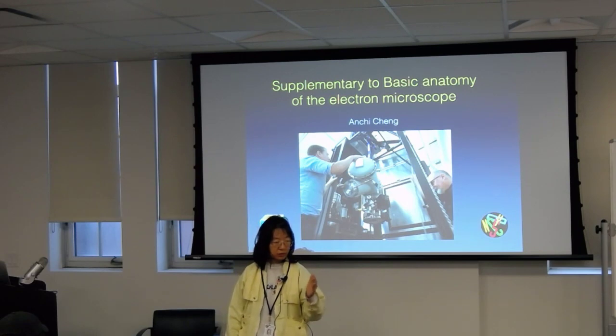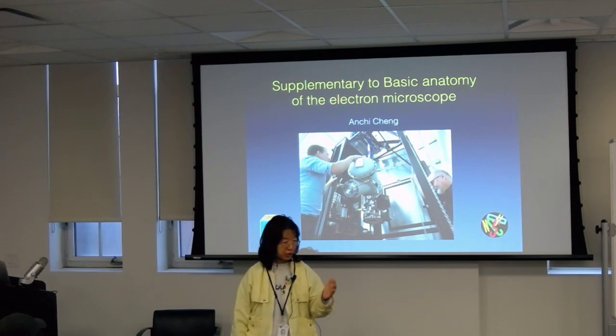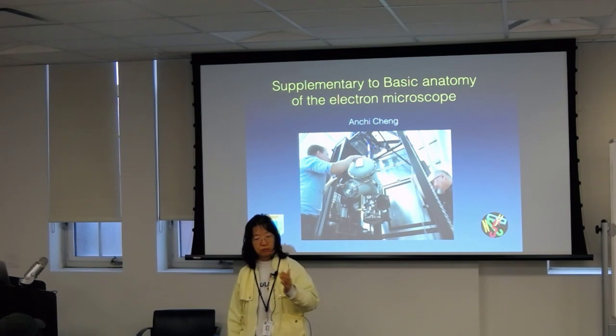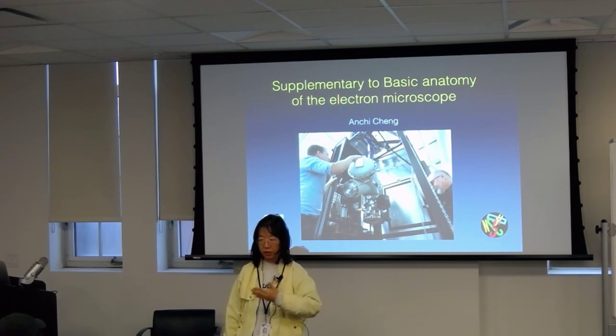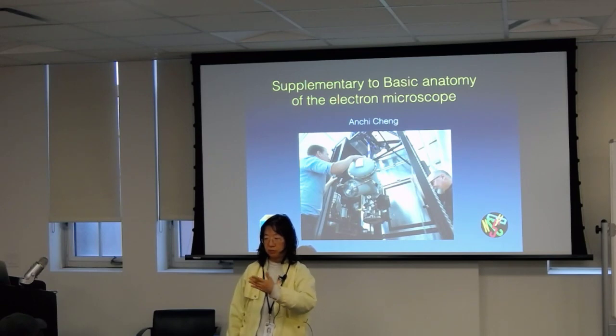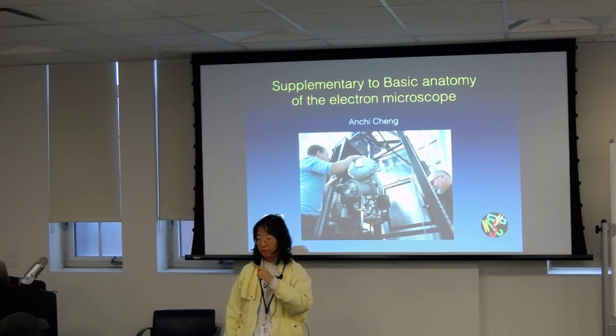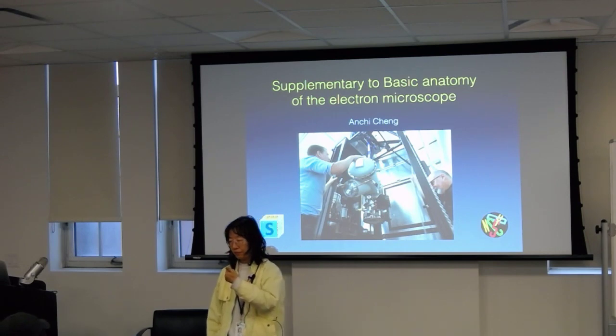In an optical lens, if it's made from glass, then it is itself one entity. For the electron microscope, you actually have a lens system that has several parts. Can anyone tell me what those different parts are? Anybody? The electromagnetic coil. Okay. There's something to cool it down, right? Yeah. Okay, that's very good.